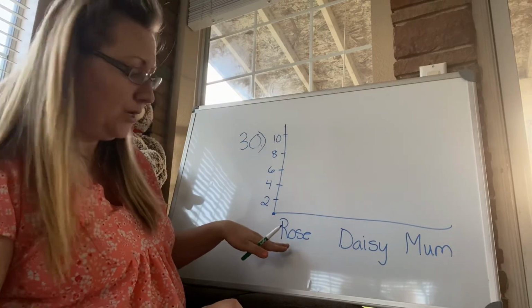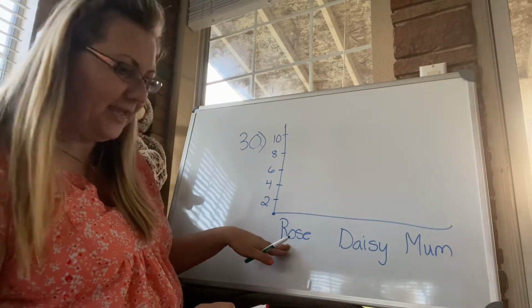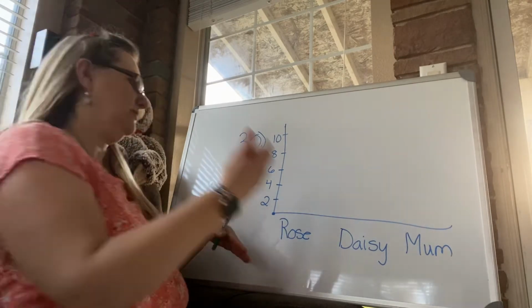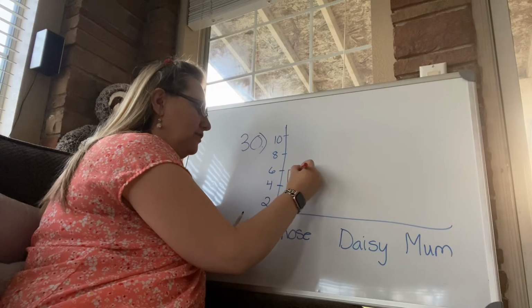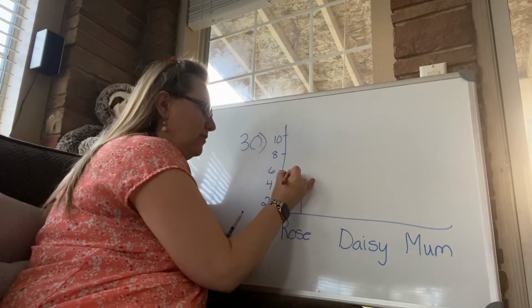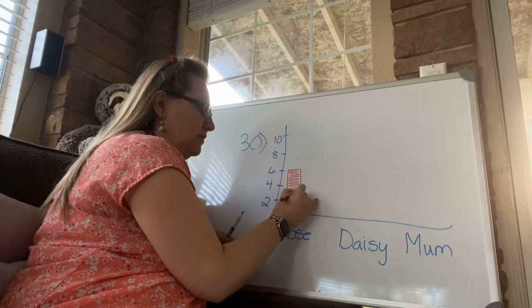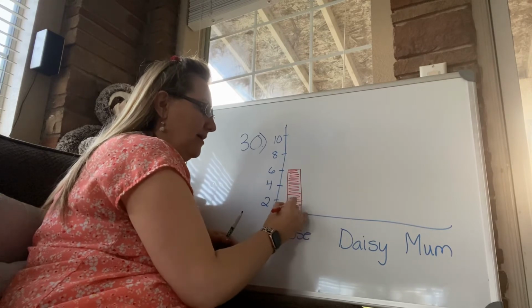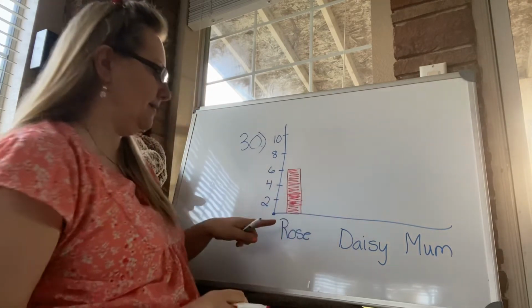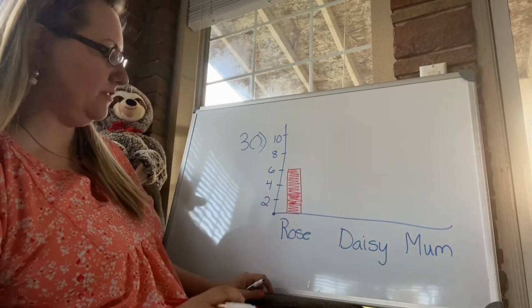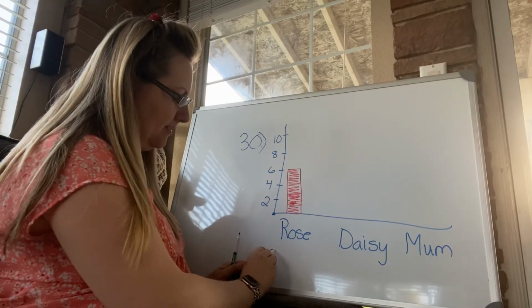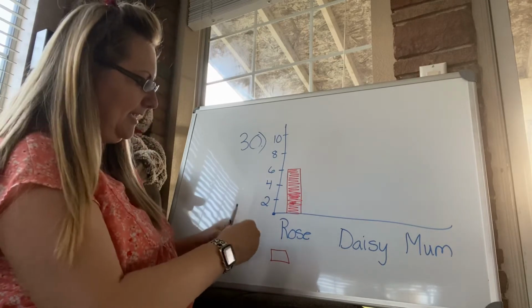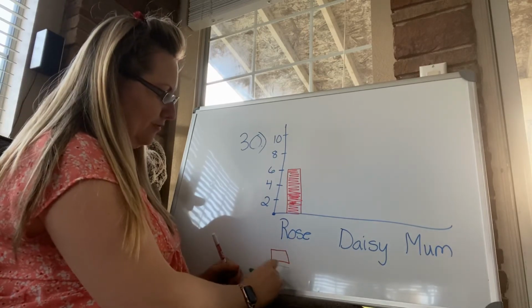Okay, so roses. How many adults like roses? We know that 6 adults like roses. So we are going to draw a bar that represents 6 adults liking roses. Okay, and then down here, we're going to maybe make a key, red and green.